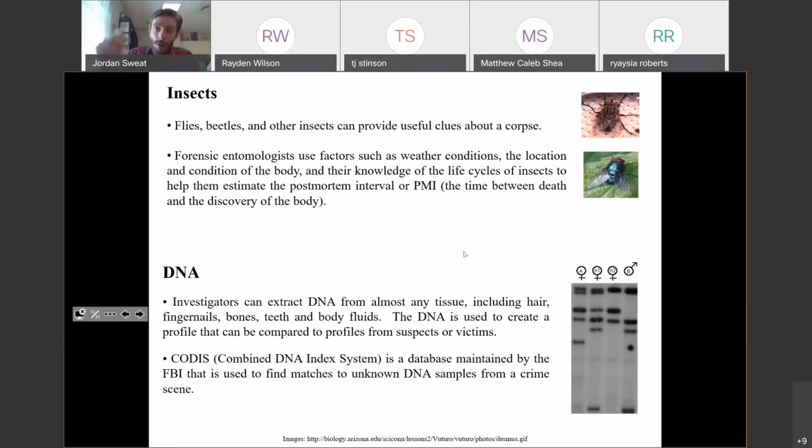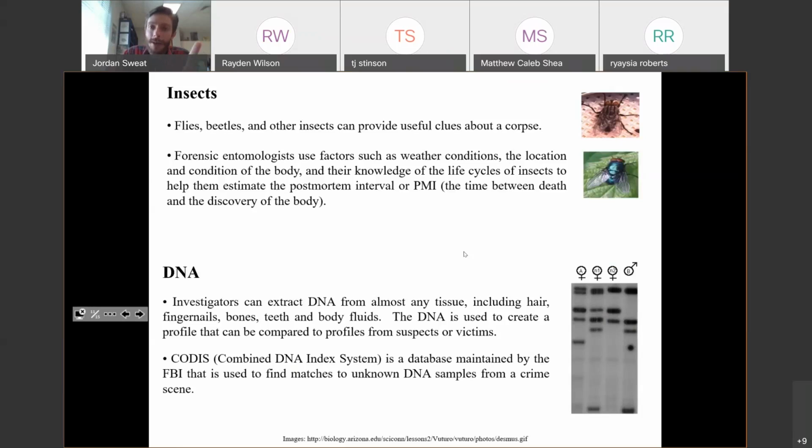And lo and behold, there's going to be a match from the sample that was submitted 25 years ago to the one that was just recently submitted. And now not only are you serving time for a DUI, you're also going to be charged with that robbery that took place 25 years ago. Sorry, I was talking about fingerprints.